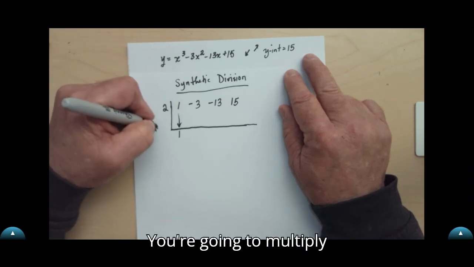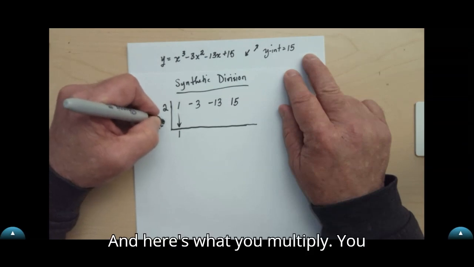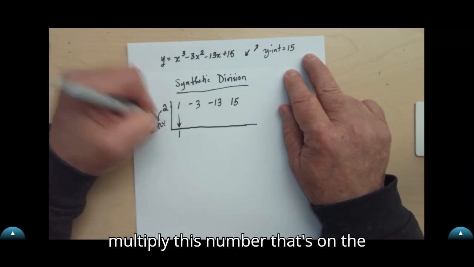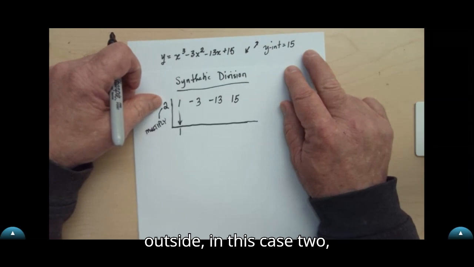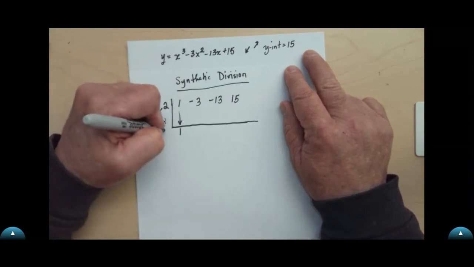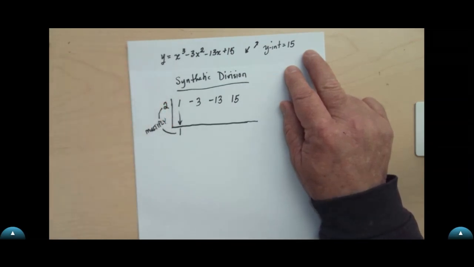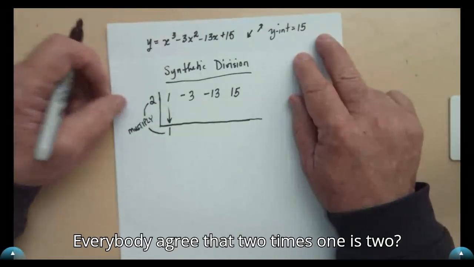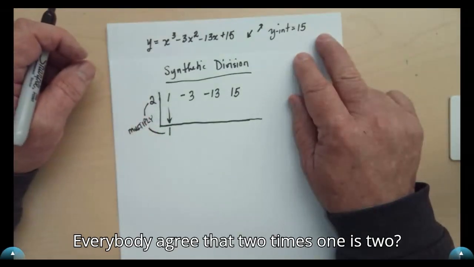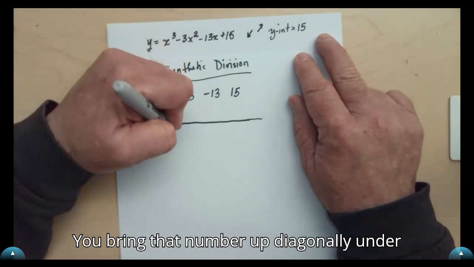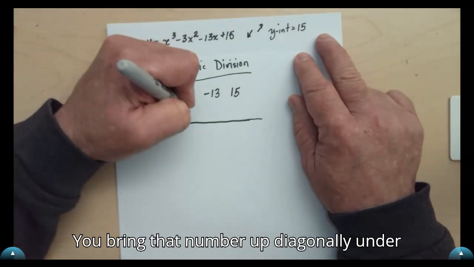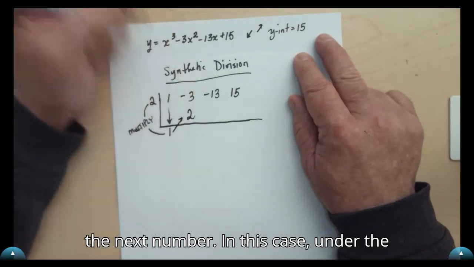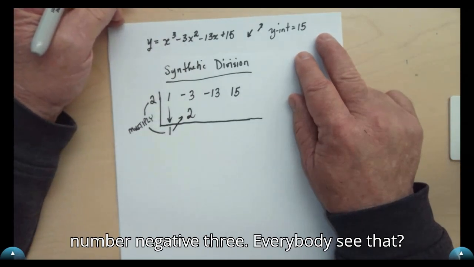You multiply this number that's on the outside, in this case 2, times 1. Everybody agree that 2 times 1 is 2. You bring that number up diagonally under the next number. In this case, under the number -3. Everybody see that?